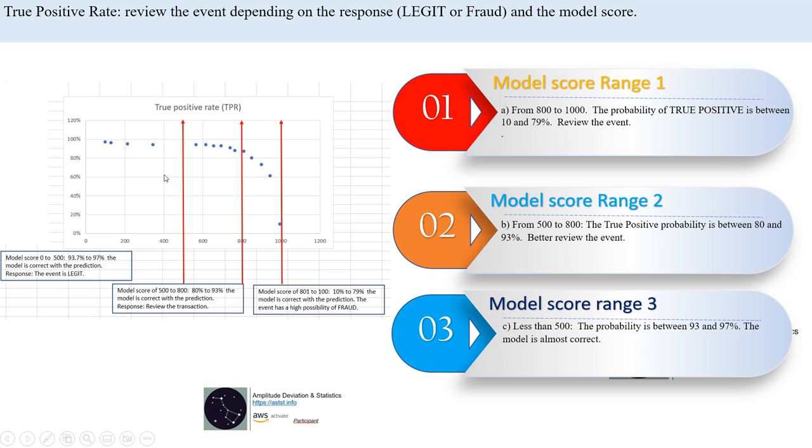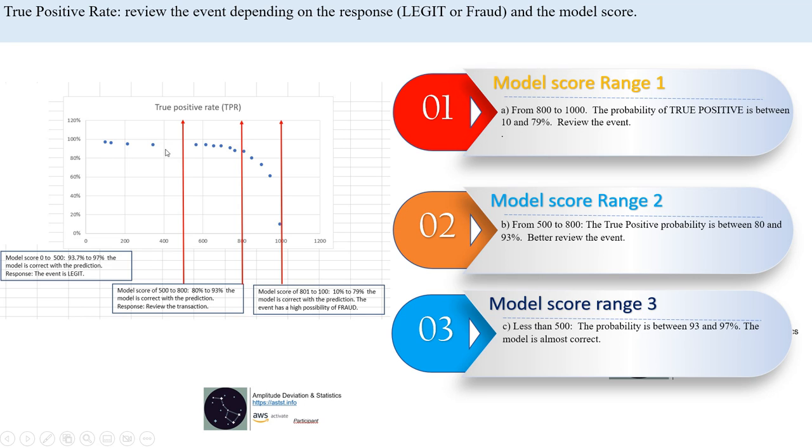And when we get a value between 0 and 500, the score goes from 93 to 97%, meaning the response of the model has this high probability. So if we get a response in this range, the transaction is probably valid or legitimate.